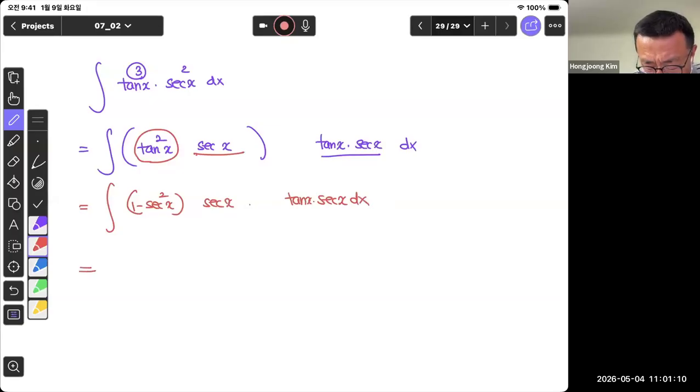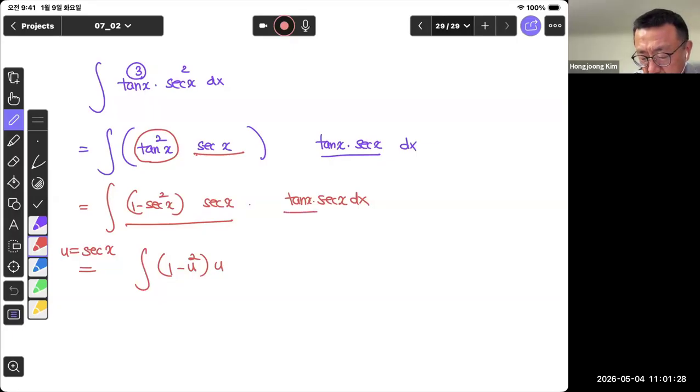And then I replace u secant with u. Then the integrand is 1 minus u squared times u. And if u replaces secant x, then tangent x secant x dx will be du.